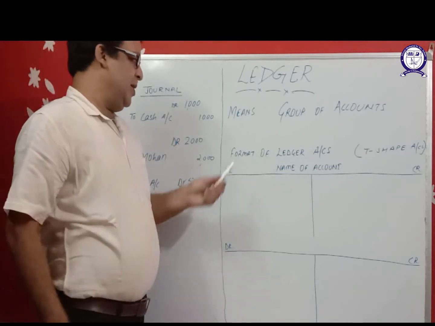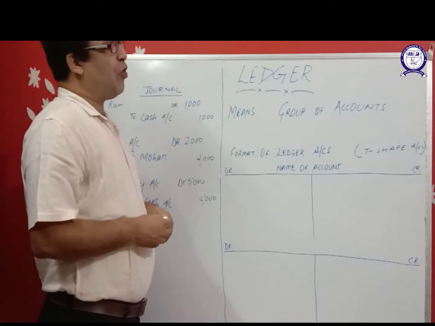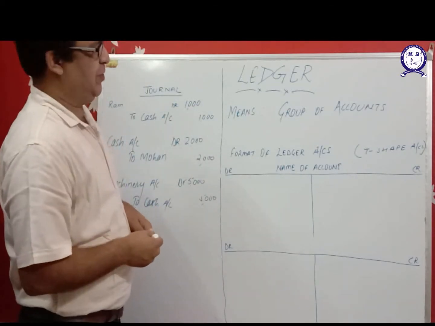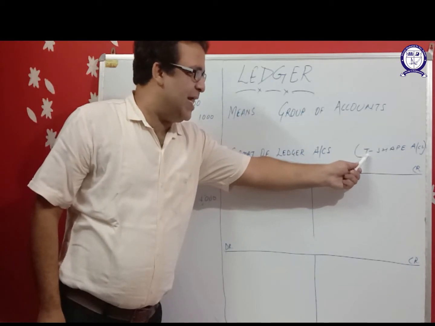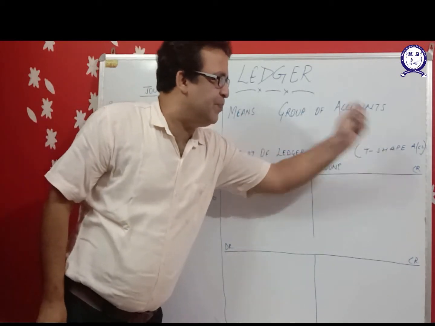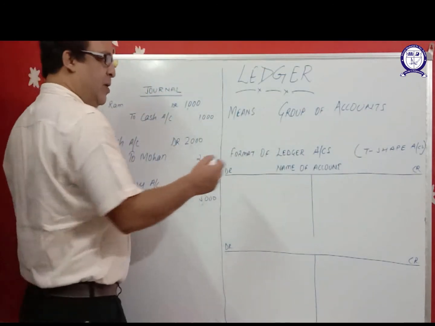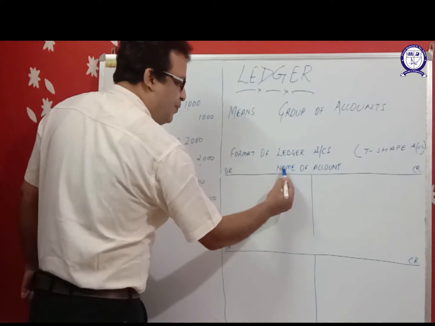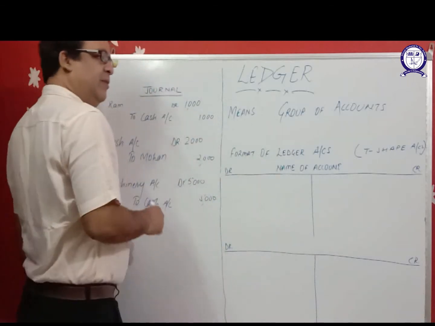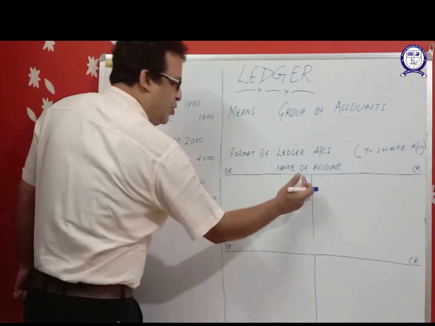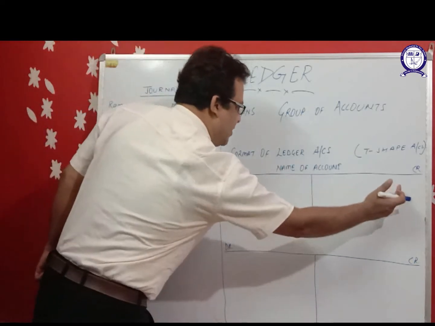First of all, the format of ledger accounts. What is the format of an account? The format of the ledger account is just like a T-shape. We have already discussed it in the previous chapter. First of all, the T-shape. Two sides are there, left hand side and right hand side.